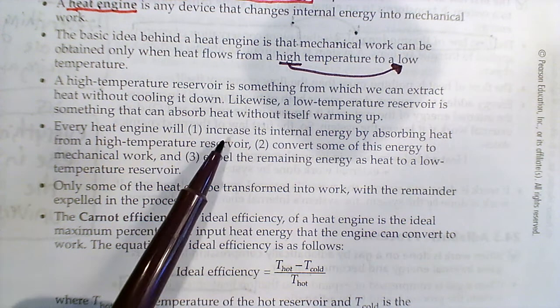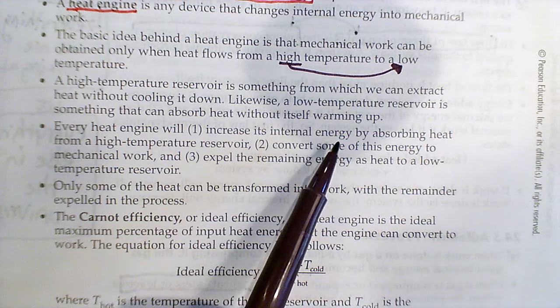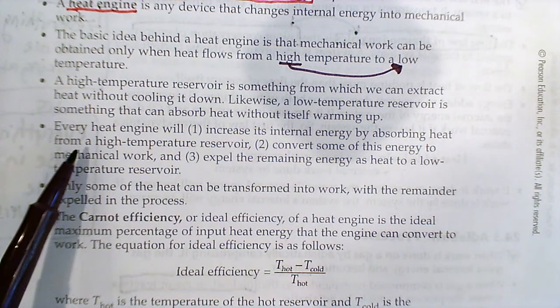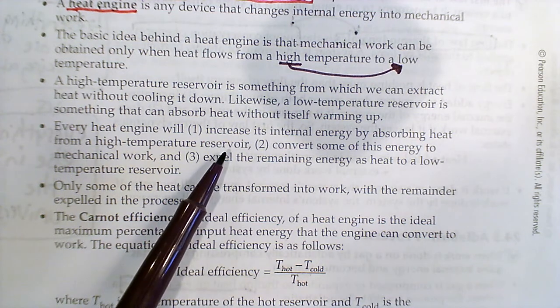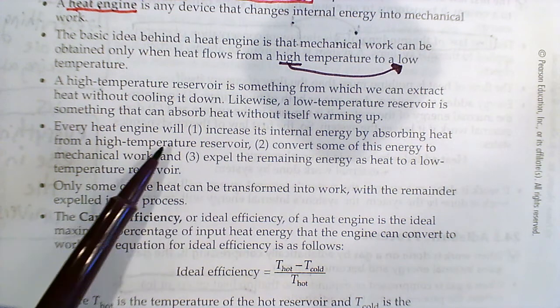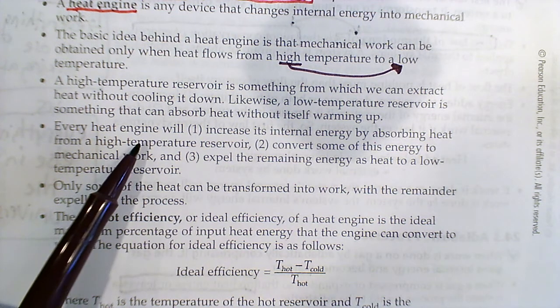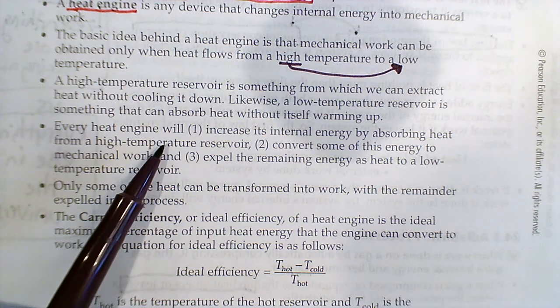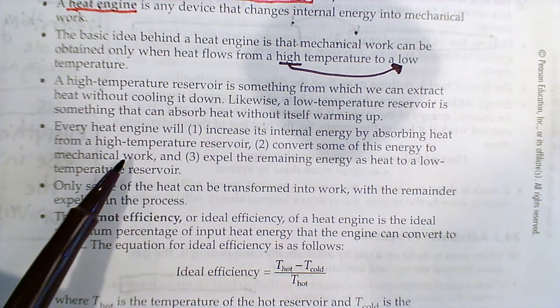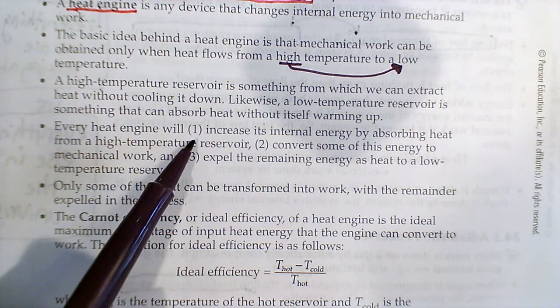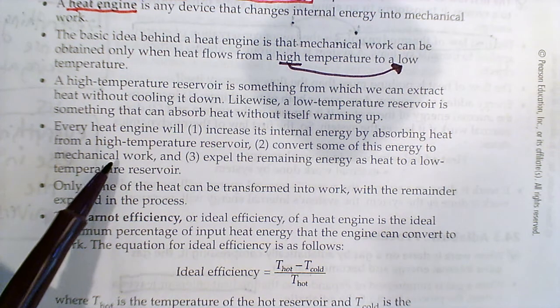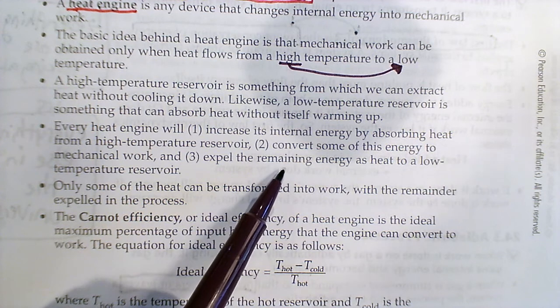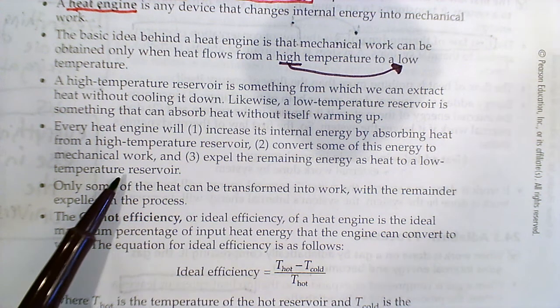So a heat engine will, number one, increase its internal energy by absorbing heat from a high temperature reservoir. So there's some area that is a higher temperature than other areas. Then it's going to use the heat that is brought in to convert that energy to work. So we're taking in heat, converting the heat to work, and then getting rid of extra heat to a cooler area.